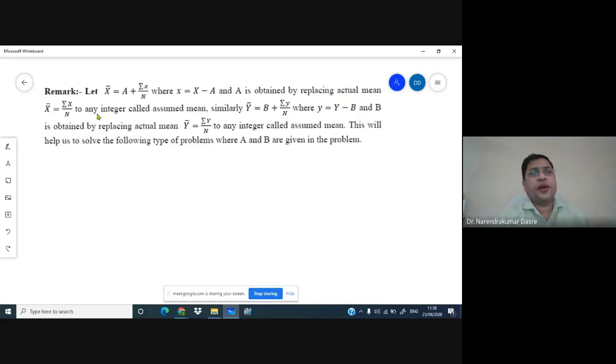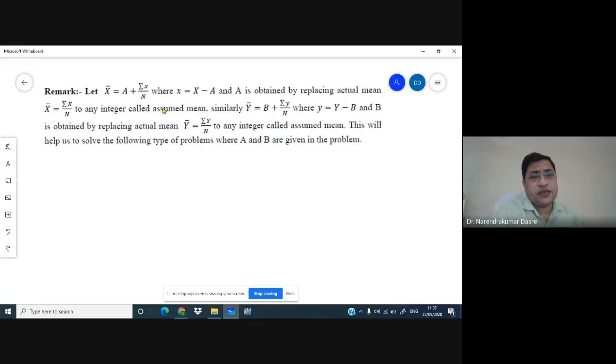Suppose we have X bar is equal to A plus summation small x upon n, where small x is x minus A, and A is obtained by replacing the actual mean. So this is the deviation from the assumed mean. Small x is the deviation from the assumed mean.